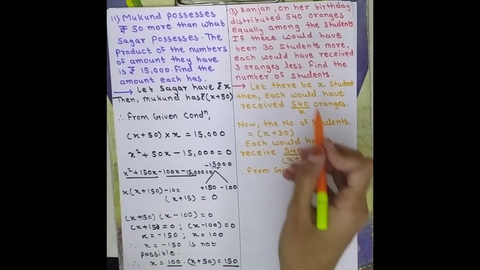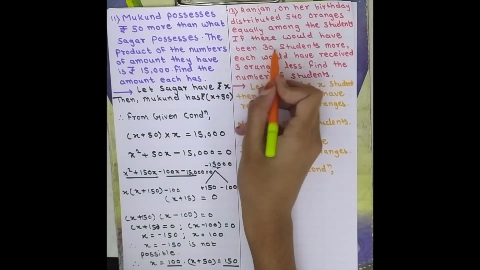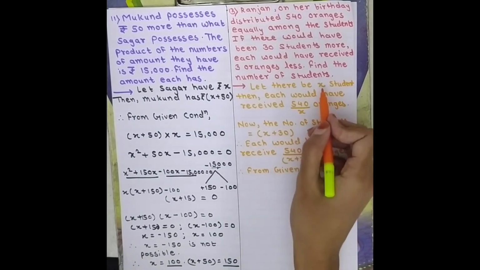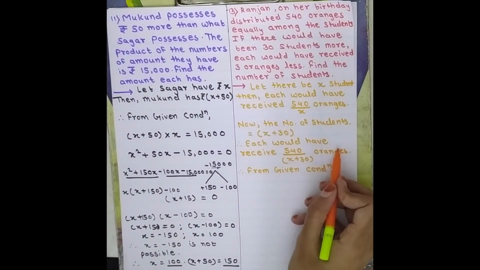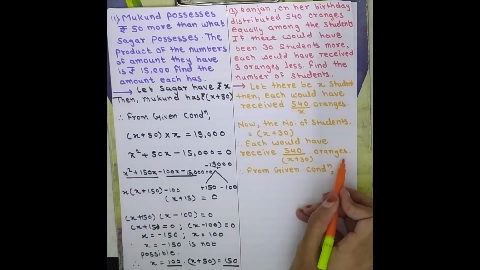Now, if there had been 30 students more, it means if the number of students is x, then x plus 30 students, and each would have received 540 upon x plus 30 oranges.